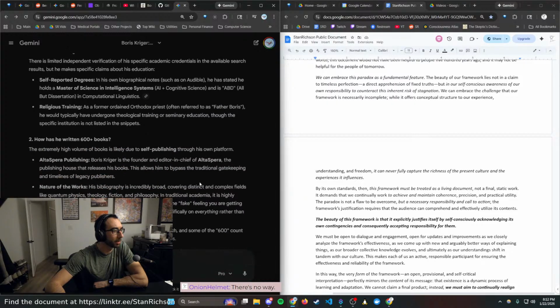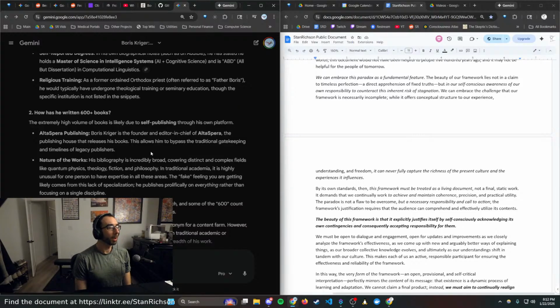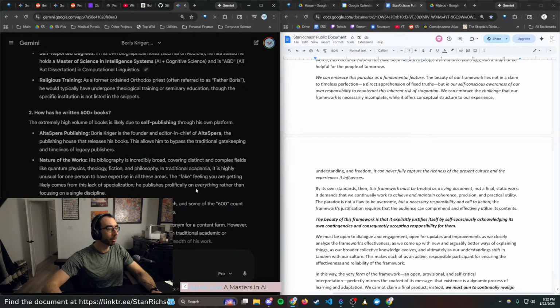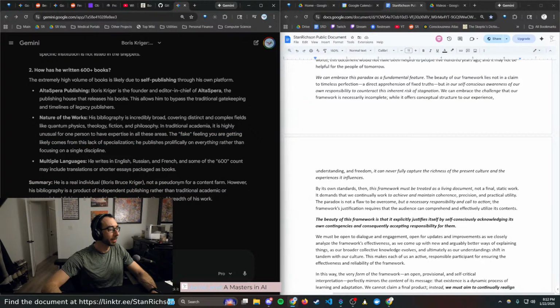Religious training, okay. The extremely high volume of books is likely due to self-publishing through his own platform. He is the founder and editor-in-chief of Altaspera, the publishing house that releases his books. This allows him to bypass the traditional gatekeeping. His bibliography is incredibly broad, covering distinct and complex fields. The fake feeling you're getting likely comes from the volume and range, and some of the 600 count may include translations.